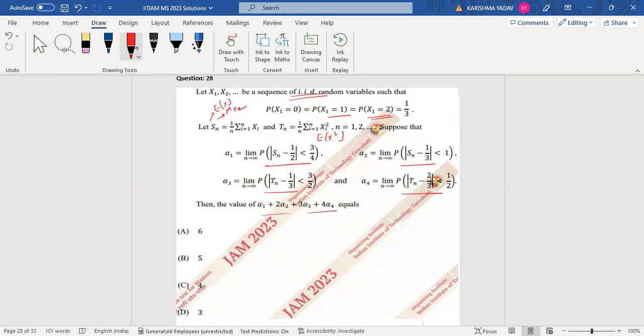Now what I can see in this question is that it is a question of convergence in probability. So what is convergence in probability?